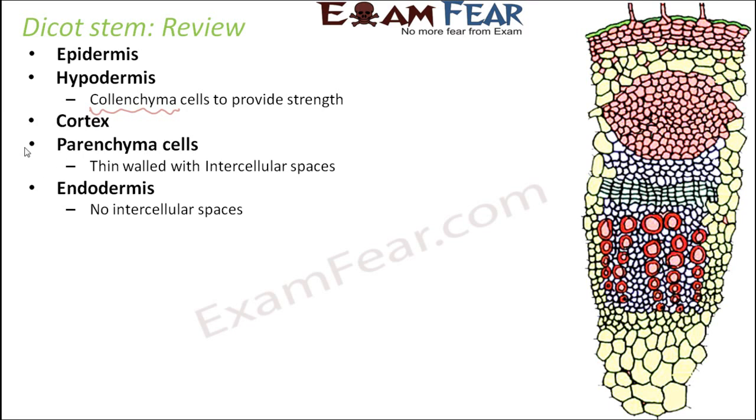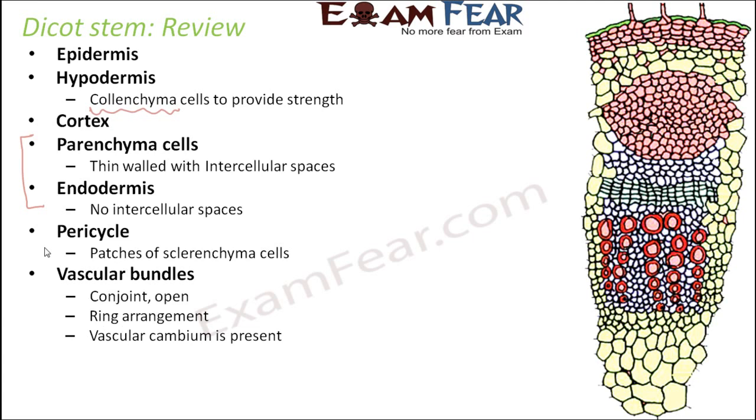As I mentioned before, parenchyma cells plus endodermis together form the cortex. Next is the pericycle, which is patches of sclerenchyma cells, and vascular bundles. Here the vascular bundles are conjoint and open because cambium is present. Vascular bundles are in a ring arrangement as I showed you in the previous slide. Vascular cambium is also present.